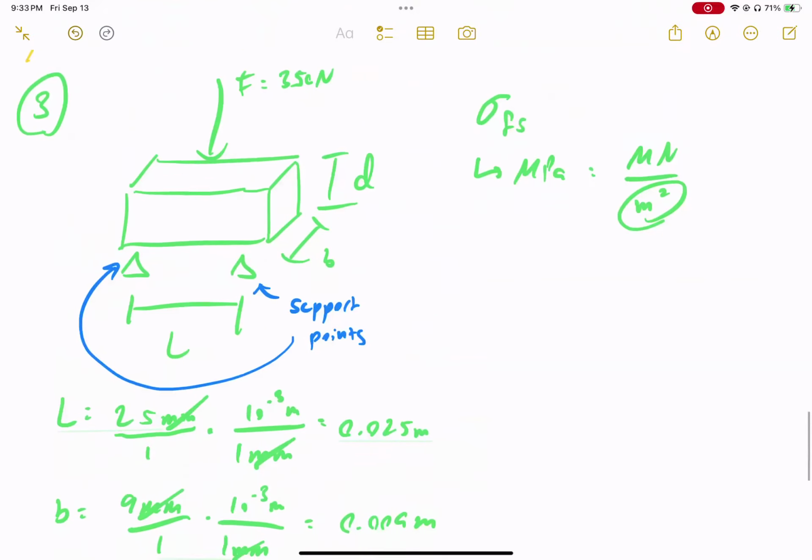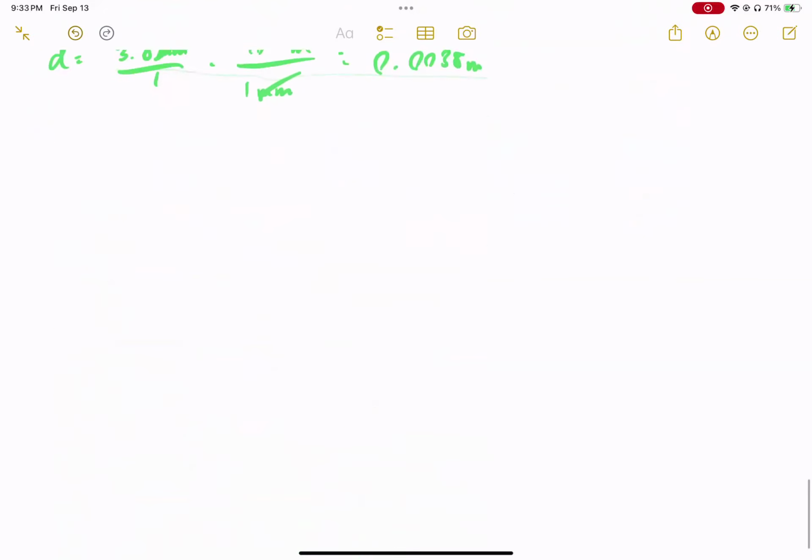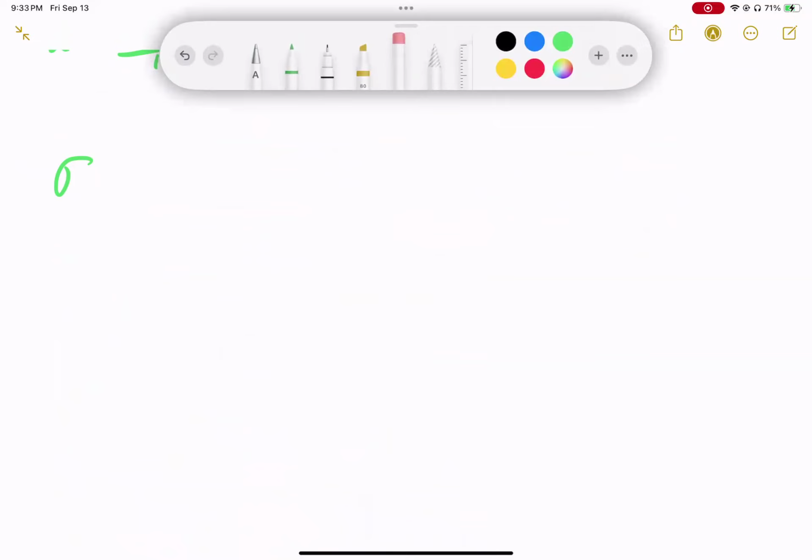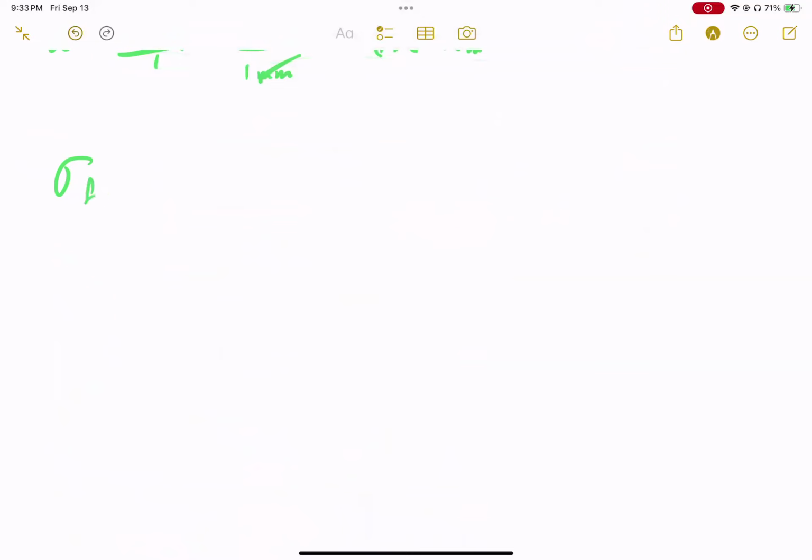Well, I can use flexural strength. So Fs represents flexural strength, which is equivalent to 3/2 the load force multiplied by L, divided by B D squared. So then I'm just going to plug in my values.